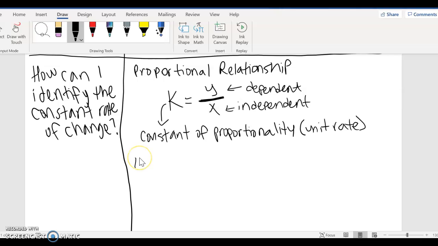So the first example that we were given was 100 miles in 2 hours.